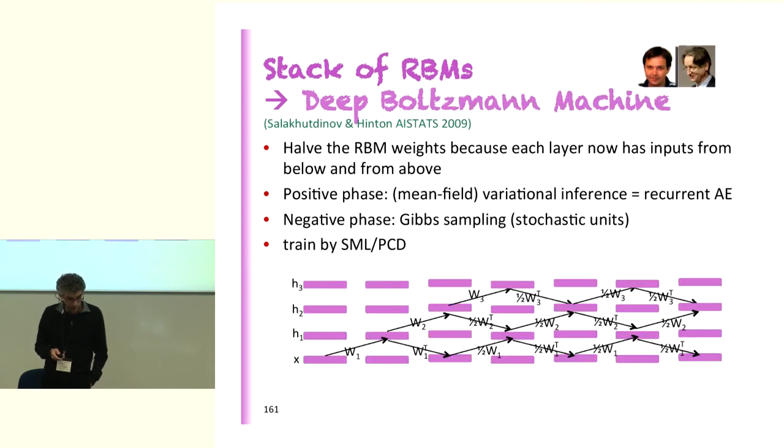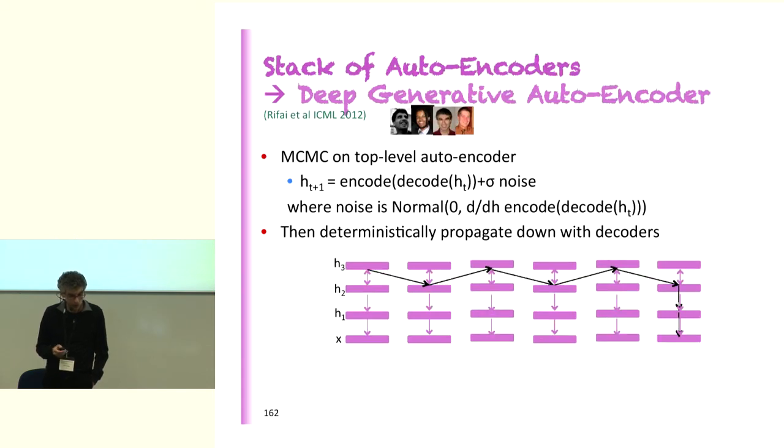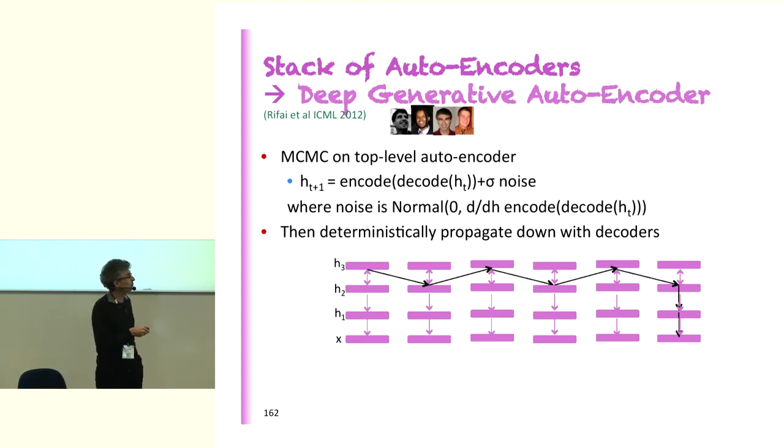Okay. You can do the same kind of thing as the DBN for autoencoders. You can train a stack of autoencoders, and then when you sample, you can run the Markov chains I said can be defined for an autoencoder, in which you encode, decode, sample from some distribution, corrupt, basically add noise, and encode, decode, and so on.